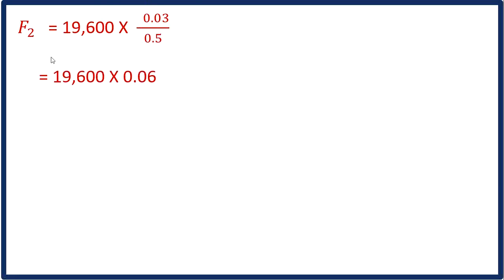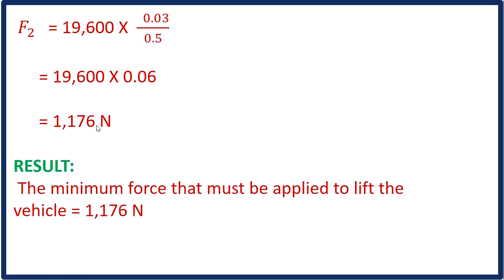Now when we divide 0.03 by 0.5, we get 0.06. Now when we multiply 19,600 and 0.06, we get 1176 Newton. So the result is the minimum force that must be applied to lift the vehicle is 1176 Newton.